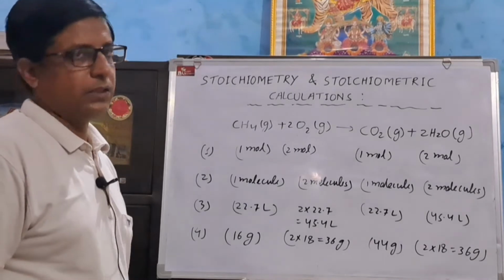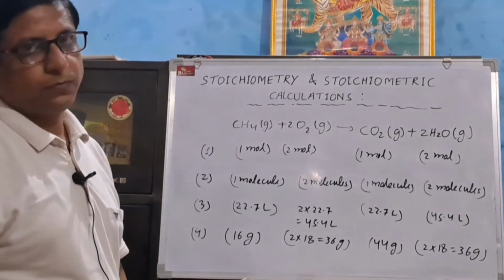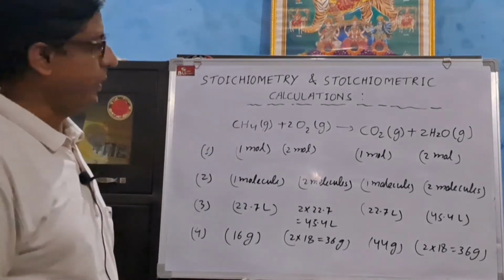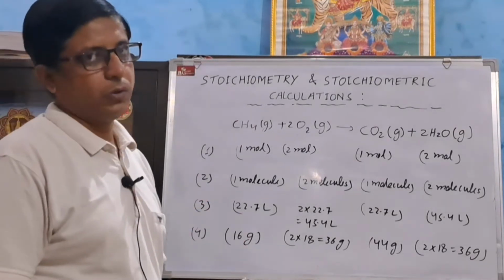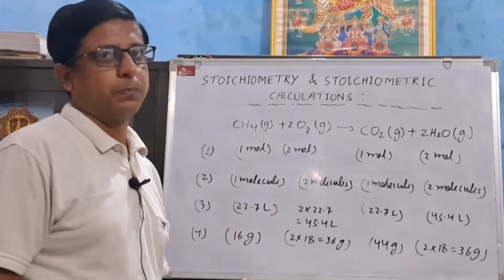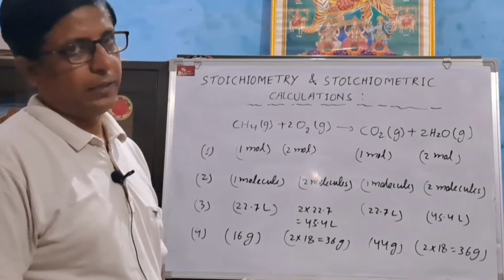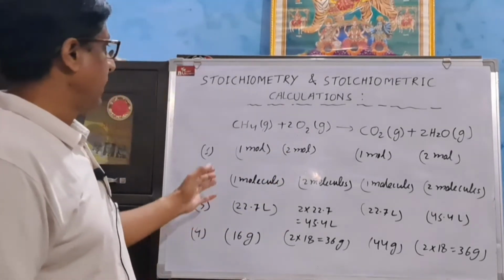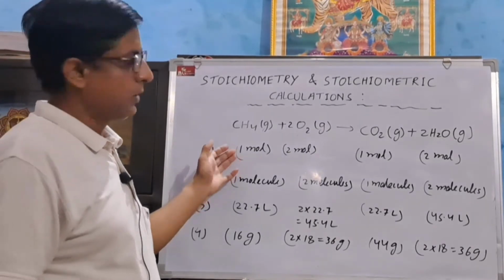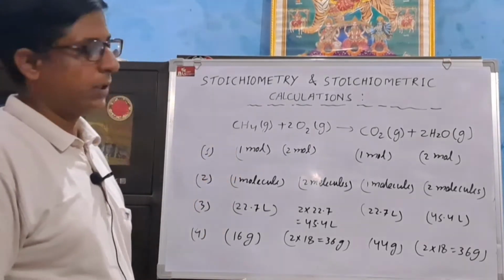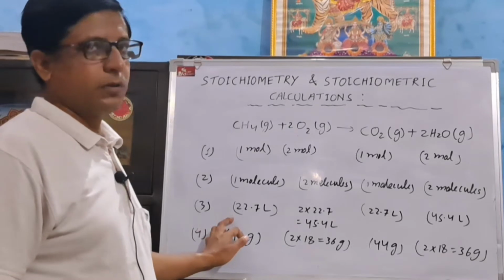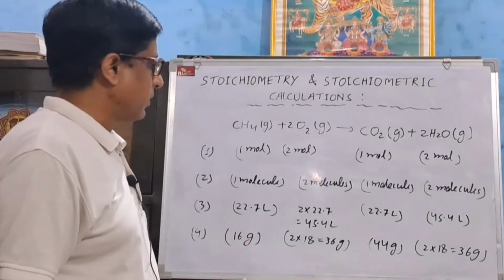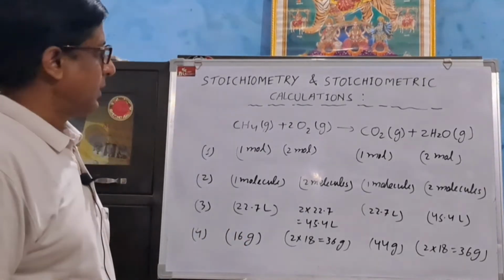Thus, we see that from the stoichiometry of this reaction, we can calculate the amount of reactants required or products formed in a chemical reaction, either in terms of number of moles or in terms of number of molecules or in terms of volumes or in terms of masses.